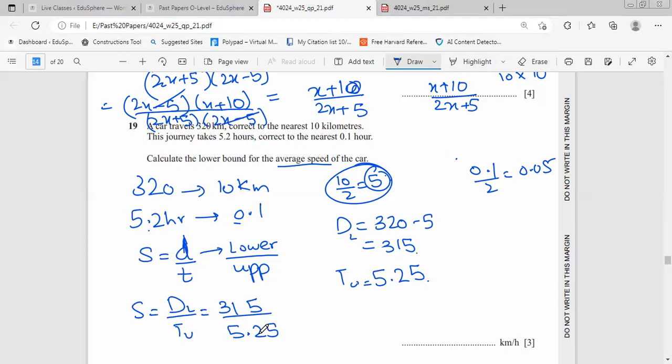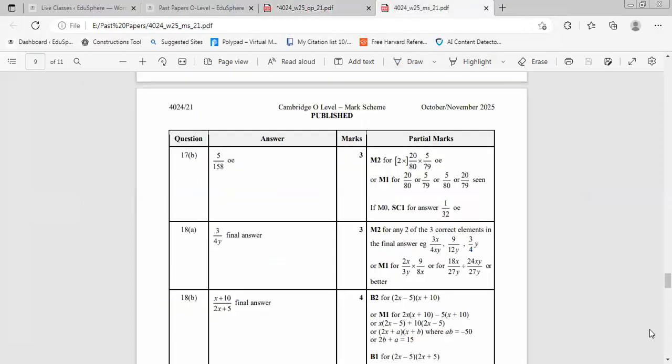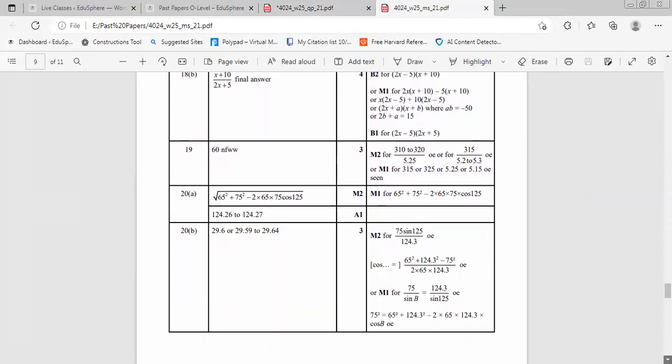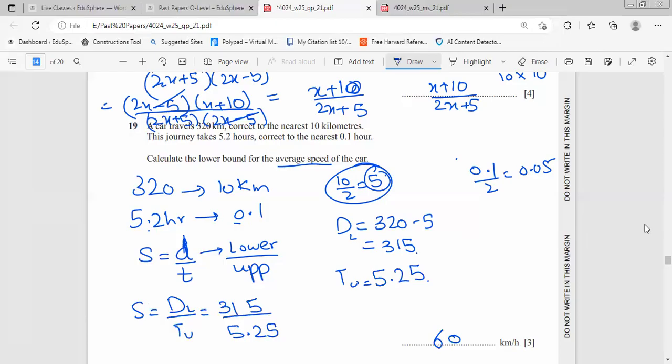So let me divide 315 divided by 5.25, I get 60. So 60 kilometer per hour. Let me confirm the answer over here. So it's 60. Okay. Now, students, we have to move on to the next question.